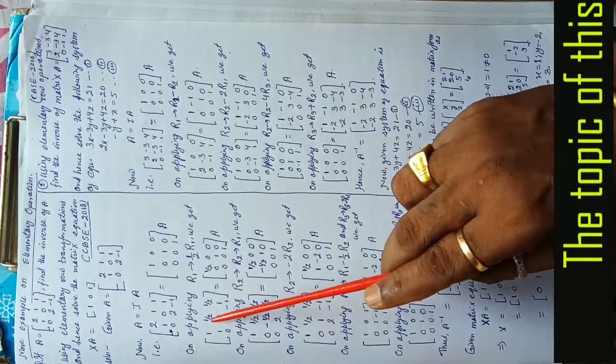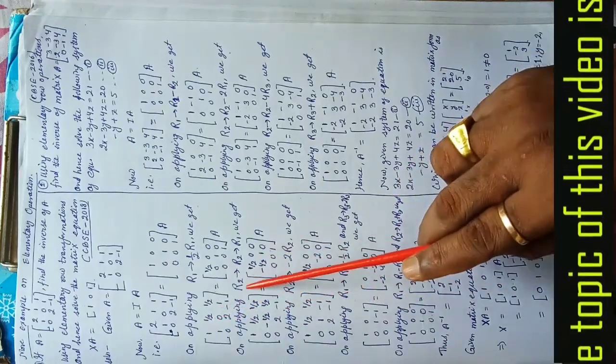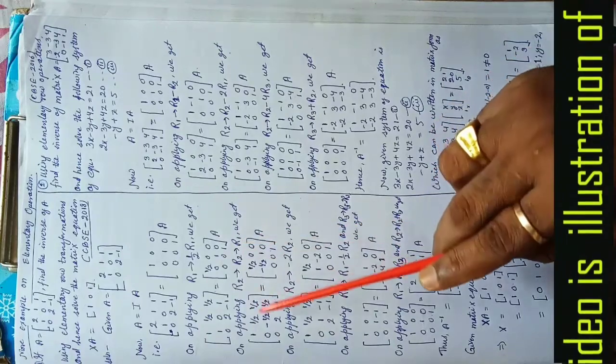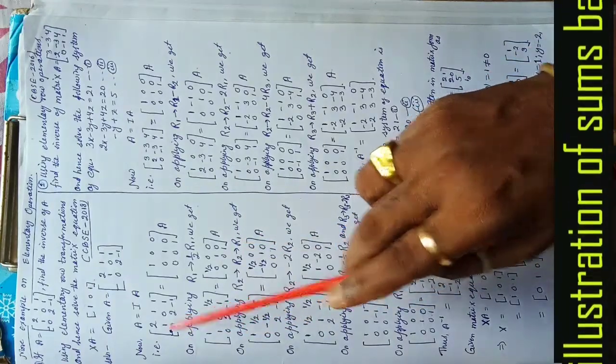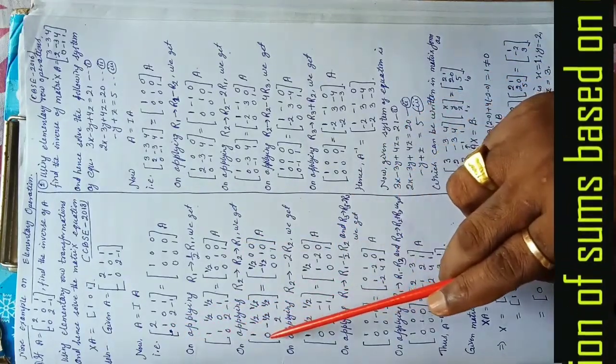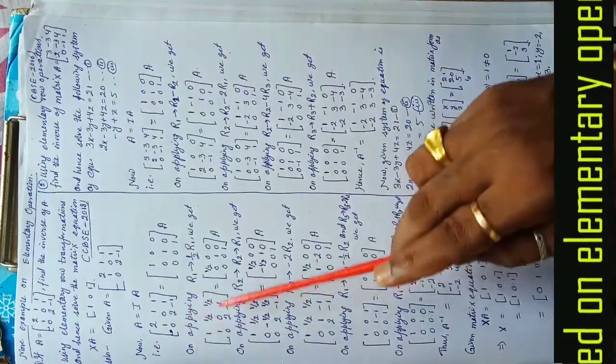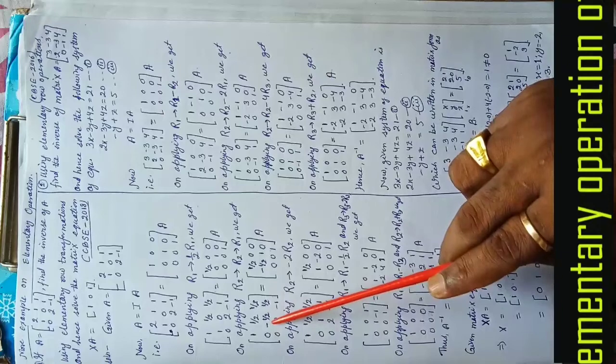After that we apply row 2 minus row 1, so that we must have 0 here, because on this side we need the unit matrix.